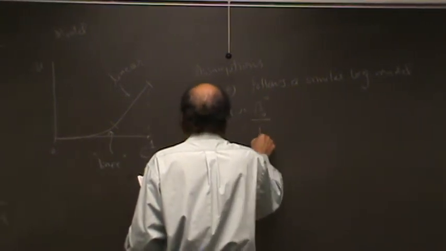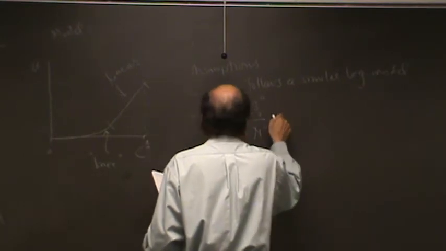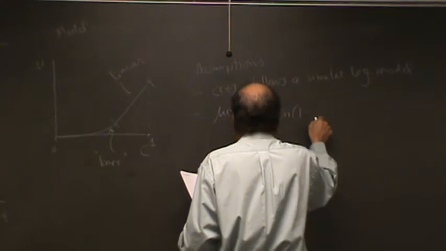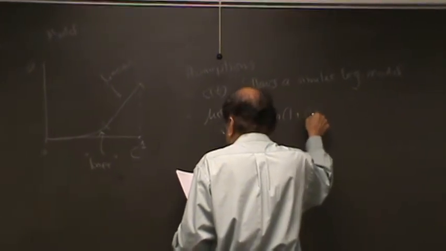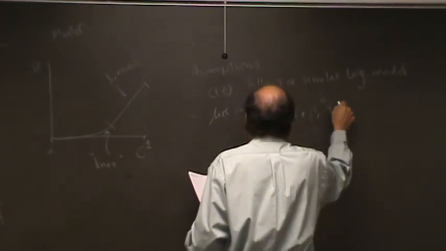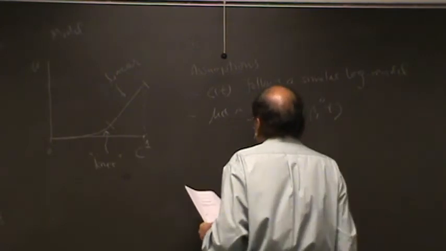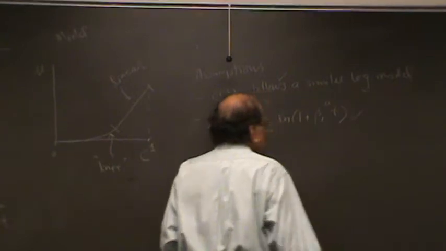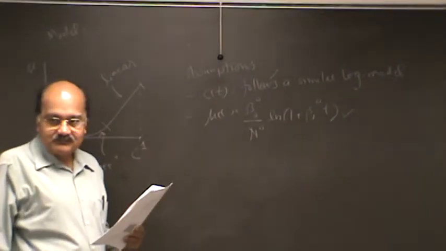Okay, don't worry too much about the parameters. We are going to skip the derivation. So basically, this is a logarithmic model, and this one, let's assume, follows a similar logarithmic model.